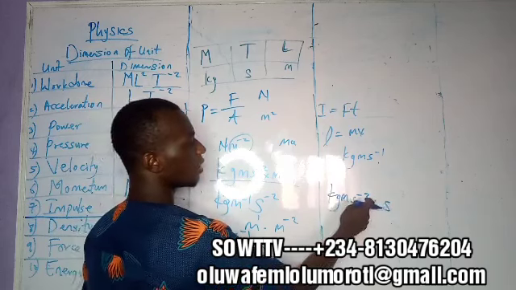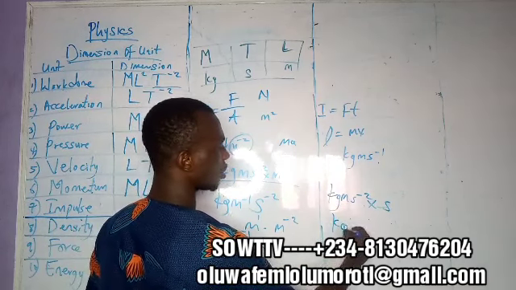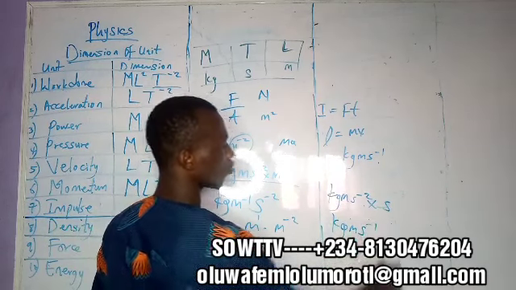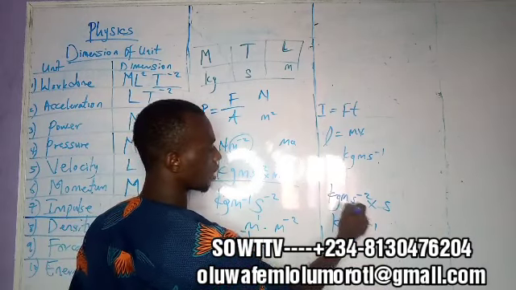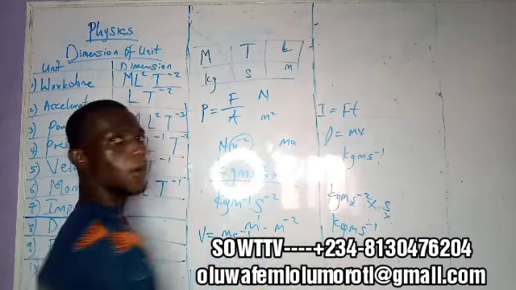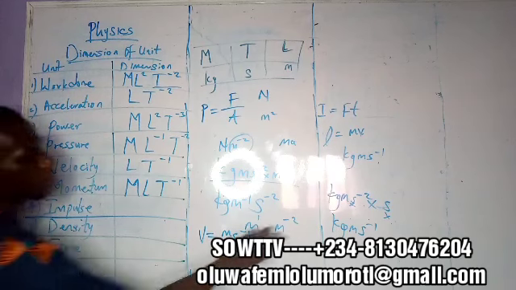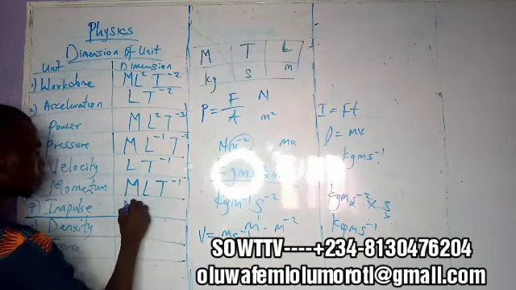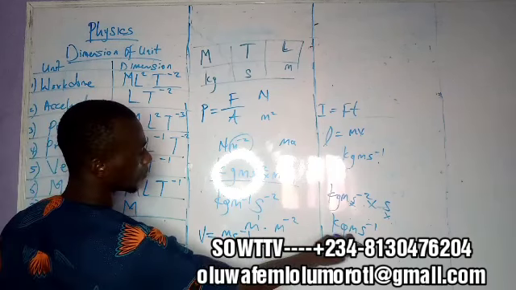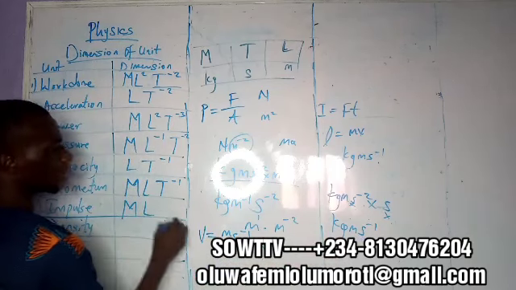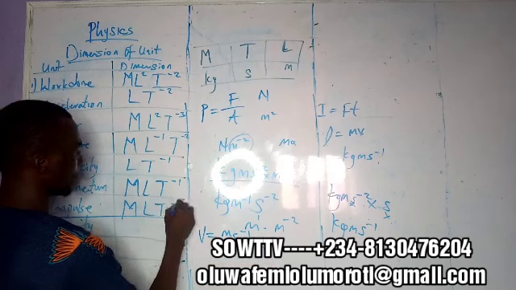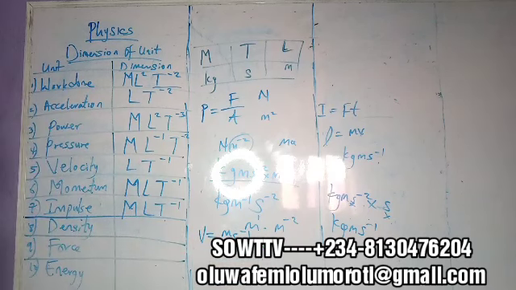By the law of indices, we get kg m s to the power minus 1. So the dimension of impulse is M, L, T to the power minus 1.